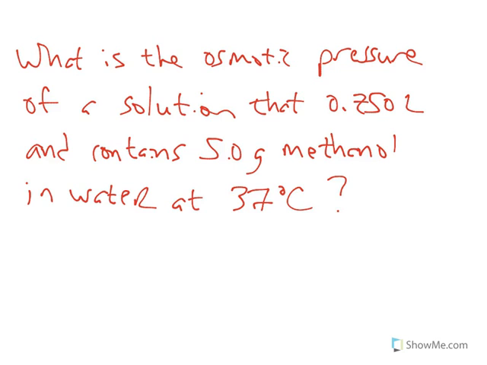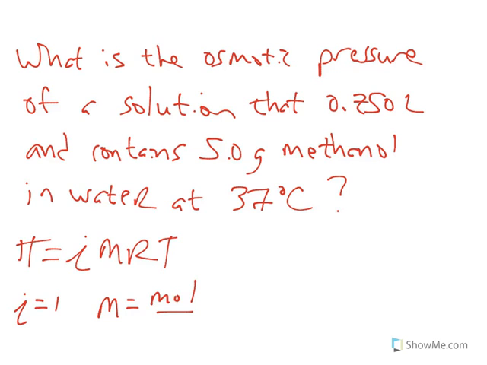Okay, so osmotic pressure, we know our equation, pi equals iMRT. Since methanol is a molecular solute, i is going to be equal to 1. M is our molarity, so that's going to be moles of solute per liter of solution.